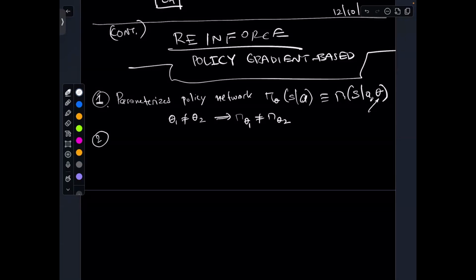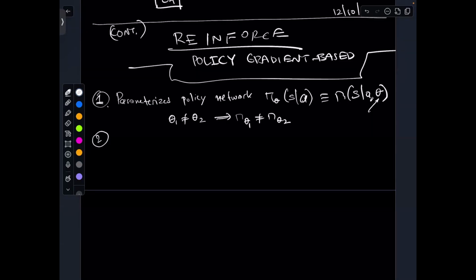The second one is the objective function. I'm going to call it loss a little bit later, but right now it's called the capital J of pi theta. It's an objective function that is a function of the parameterized policy. If it is an objective, I try to maximize it. If I put a minus sign in front of it and call it a loss, I'm trying to minimize it.